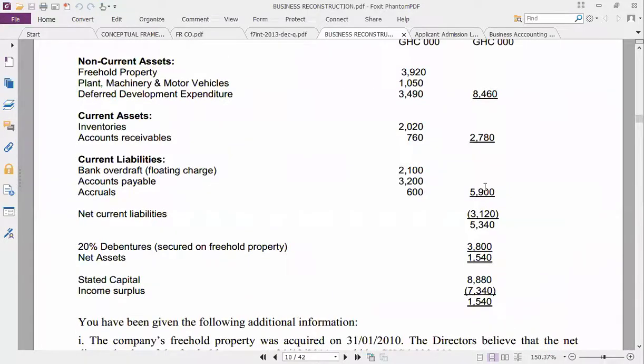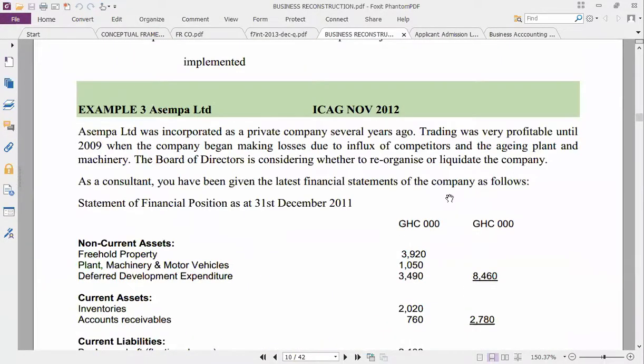To list all the assets: freehold property, plant and machinery, deferred development expenditure, inventories, account receivable. So there are only five assets. So you list them.